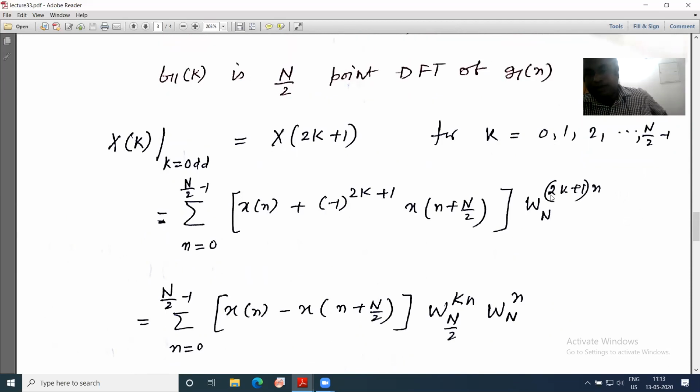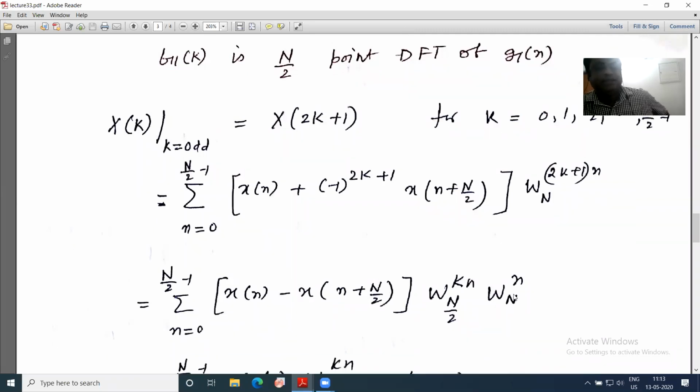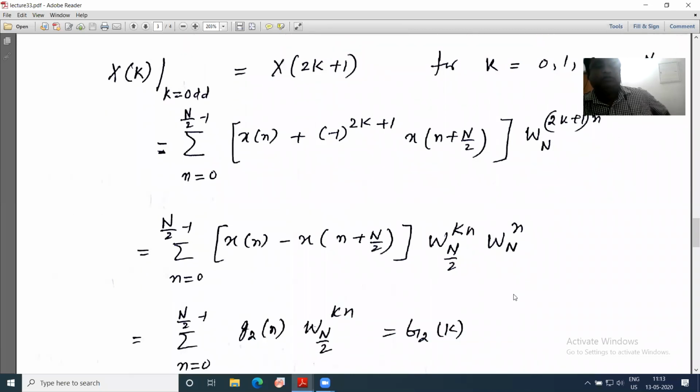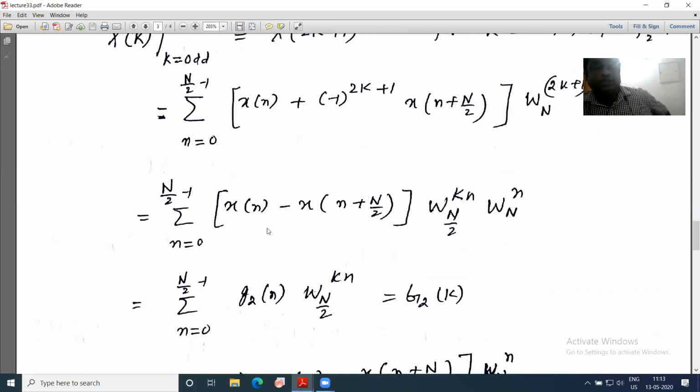Now, wn to 2kn, I can write as wn by 2 to kn, agreed? And that part, wnn, will remain. Now, if you look at this expression, this particular term wnn is only a function of n, which is the variable. Then I have to take this part together with g2 of n.